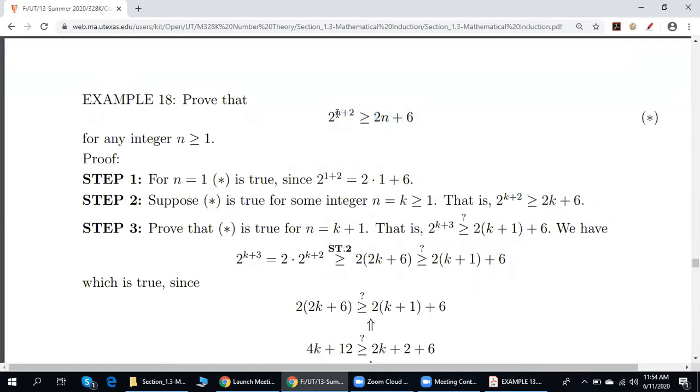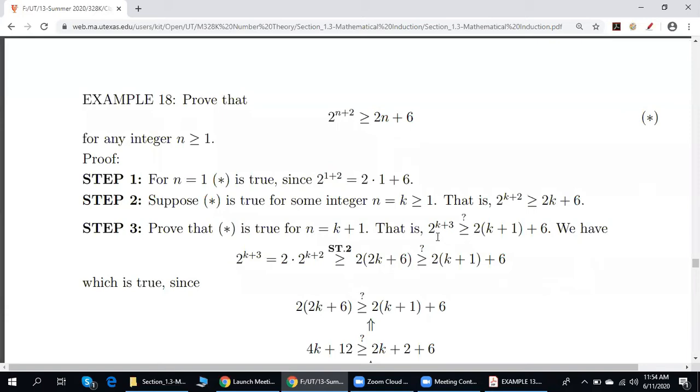If we replace n by k plus 1 here, the left-hand side becomes 2 to the k plus 1 plus 2, means 2 to the k plus 3. If we replace n by k plus 1 here, the right-hand side becomes this. We put a question mark, we want to prove that this is greater or equal to this.